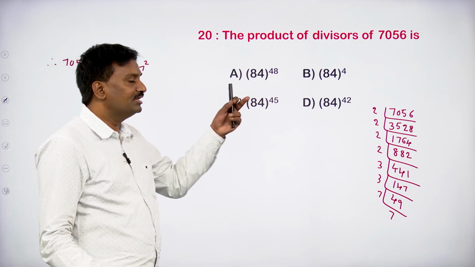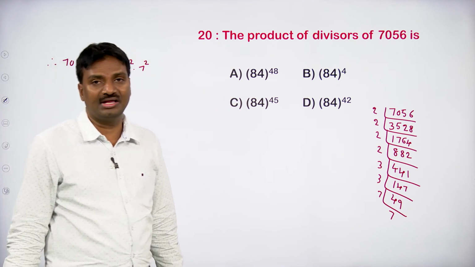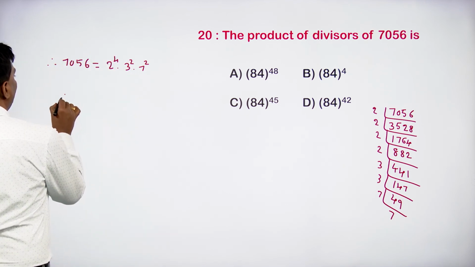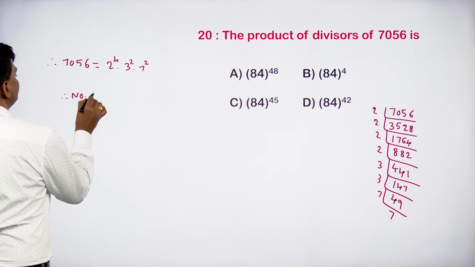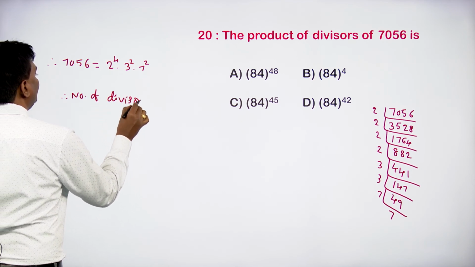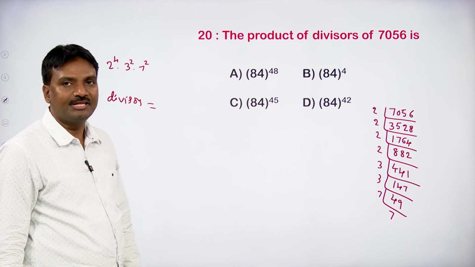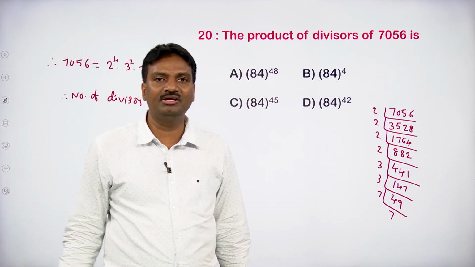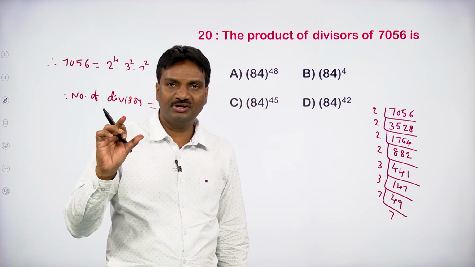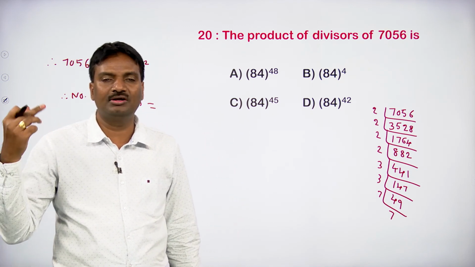So first let us find the number of divisors. If the given expression is in the form of P1 power alpha 1 into P2 power alpha 2 and so on, we can take alpha 1 plus 1 into alpha 2 plus 1 into alpha 3 plus 1 and so on.